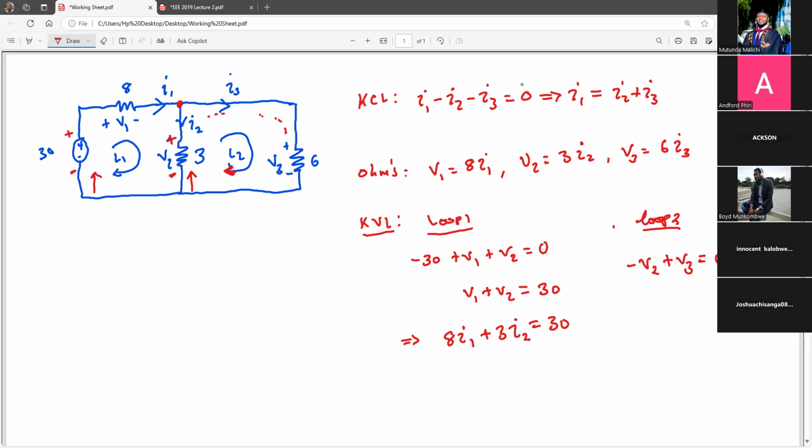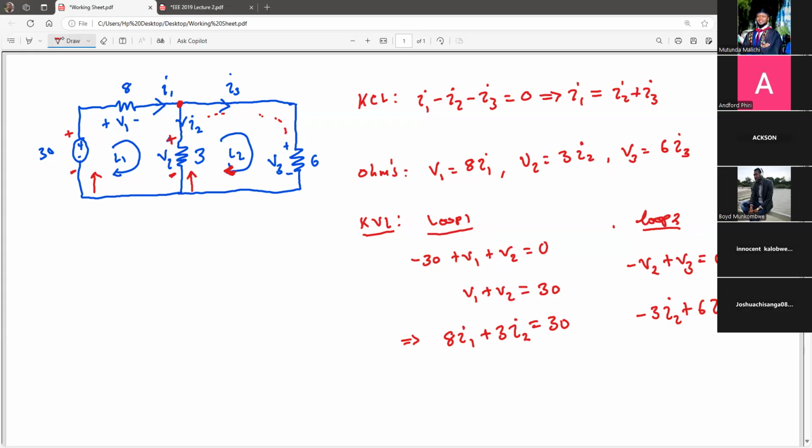On the other side, you get negative 6. Sorry, not negative 6, but is it negative 3? Okay, we have negative 3 I2 plus 6 I3 being equal to 0.